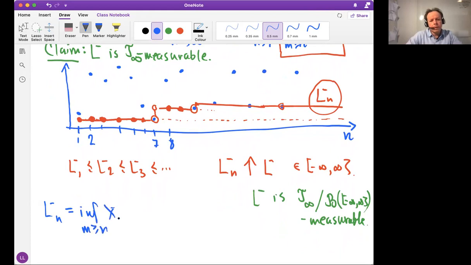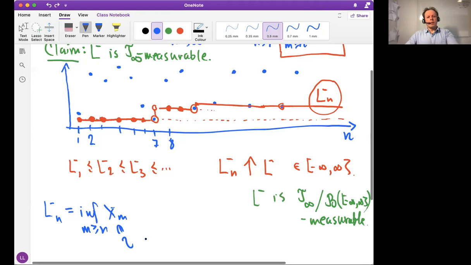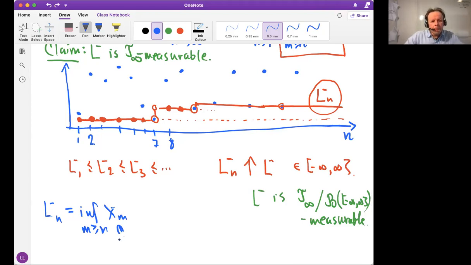So each of these is measurable in the sigma algebra generated by x_{n+1}, etc. And this is what we defined as tail T_{n-1}.